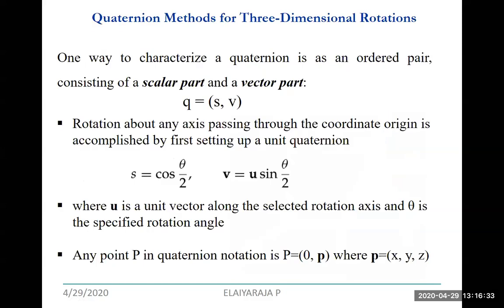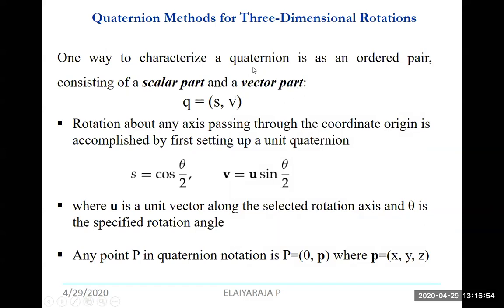This is the quaternion method for three-dimensional rotations. One way to characterize a quaternion is as an ordered pair which consists of a scalar part as well as a vector part.